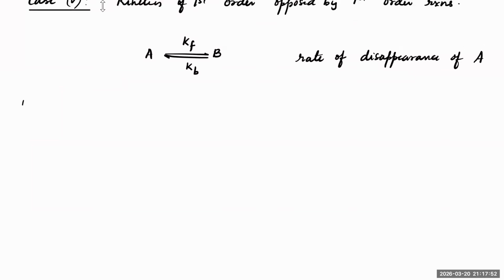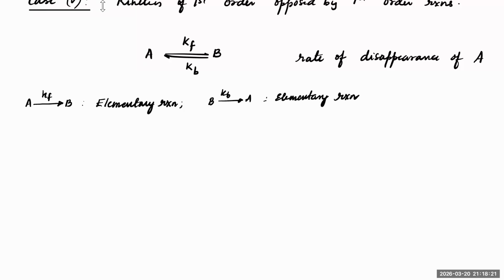If you are going in the forward direction or a backward direction, what are the simple things you need to understand? A going to B with Kf is an elementary reaction. Similarly, B going towards A with Kb is also an elementary reaction.